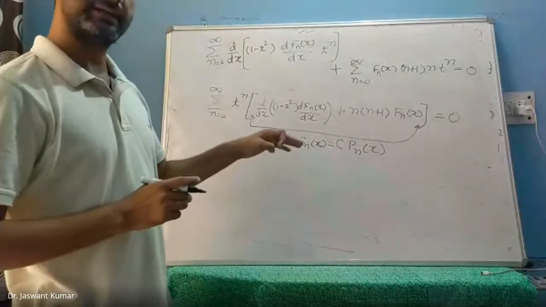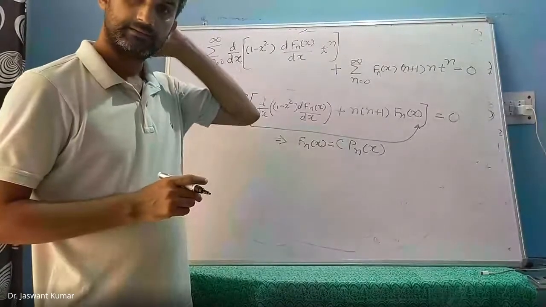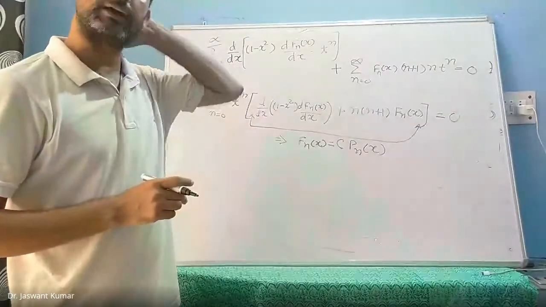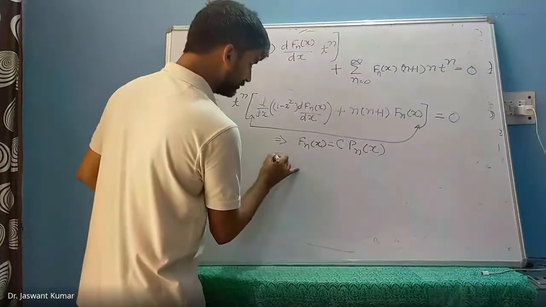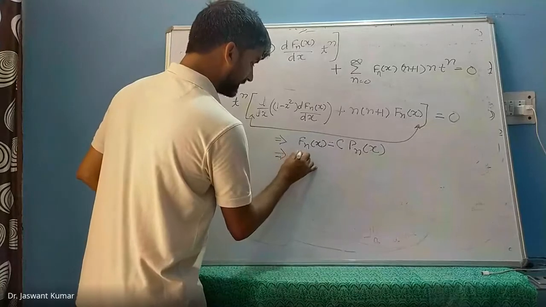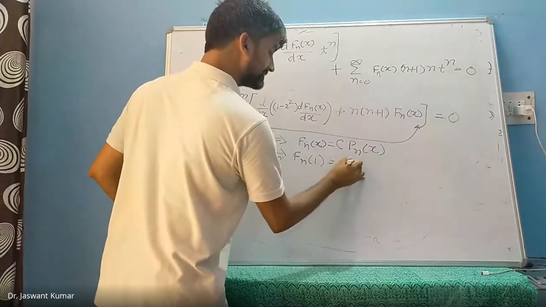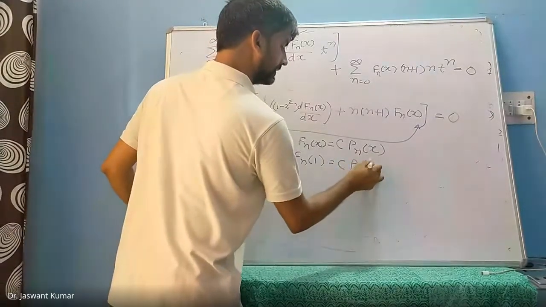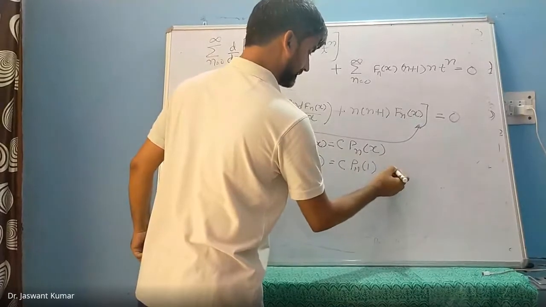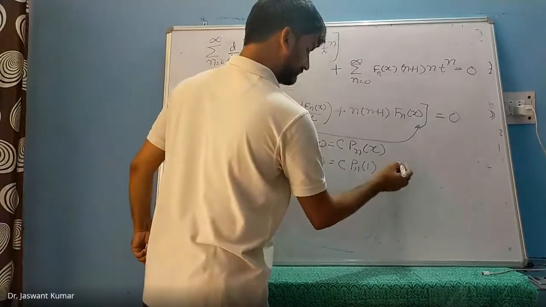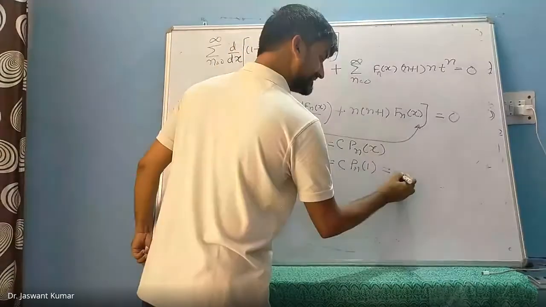Once again, you can determine the value of c by putting x equal to 1 on the right hand side. So that means f n of 1 must be equal to c times P n of 1. But P n of 1 we know is equal to 1. So that means this is equal to c.